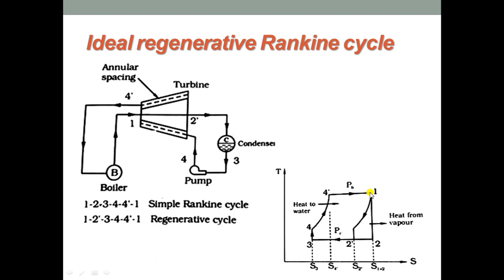In an ideal regenerative cycle, the condensed working fluid coming out of the pump is made to circulate around the turbine. Here you can observe, it is made to circulate around the turbine casing, counterflow to the direction of steam flow.